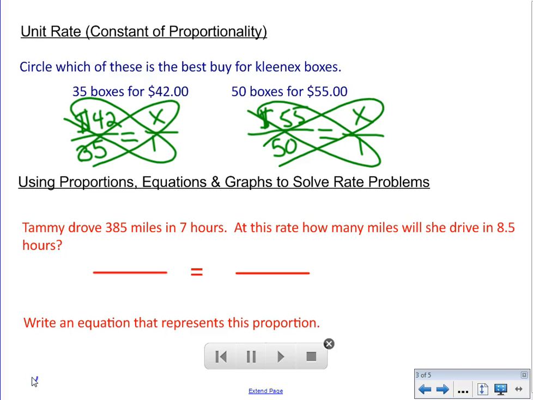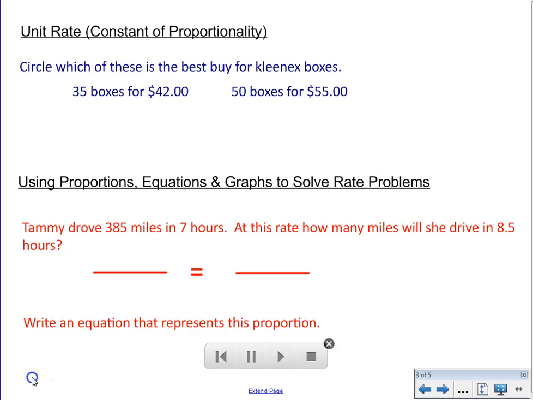to find our answer. An easy way to find unit rate, if you already have the 2 numbers that you need, is just to do 42, money on top, divided by 35. When I do that, I get $1.20 per box.